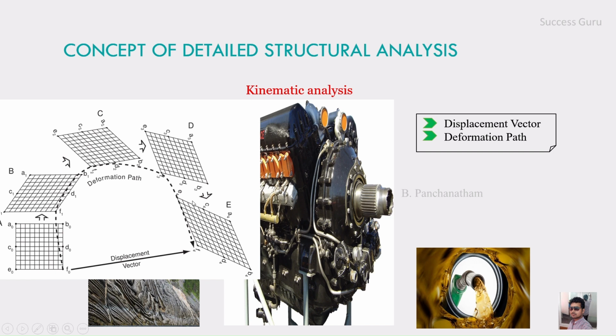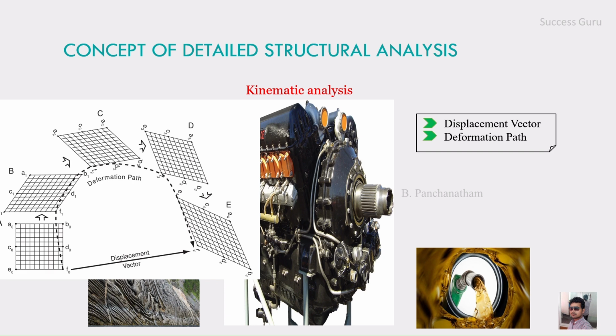For example, if you are moving from, say, my hometown Karaikudi to Trichy, there are three to four paths to move. Whatever path we take comes under the deformation path, and the initial and final stage, that is from Karaikudi to Trichy, that direction indicates the displacement vector. So this is what, in general, the kinematic analysis tries to explain in structural analysis.